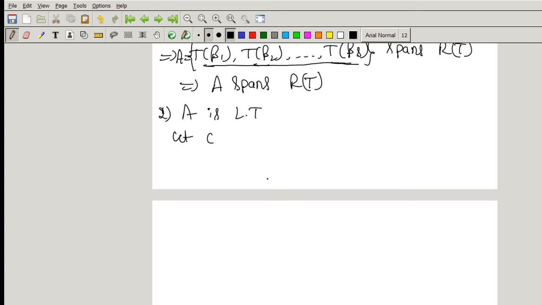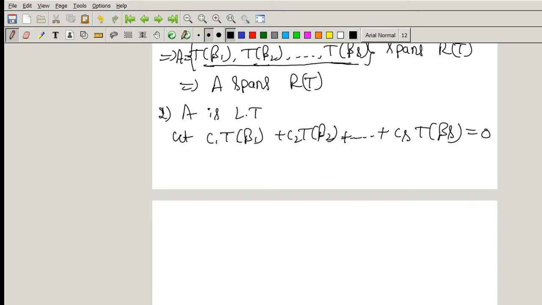Let C1 into T of beta 1 plus C2 into T of beta 2 so on plus Cs into T of beta s is equal to 0. To prove this set is linearly independent, we have to consider the linear combination of those elements.